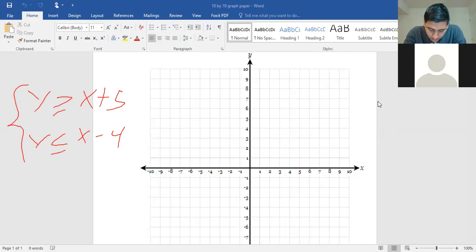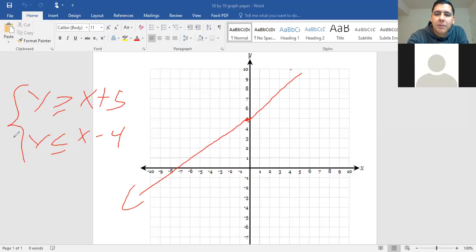Okay, so let's try the first one. We're going to do it in red. The y-intercept up here is 5, and you can use decimals or some graphing application or anything like that. That's fine. But we come up here and the slope is 1, so it should look something like this.